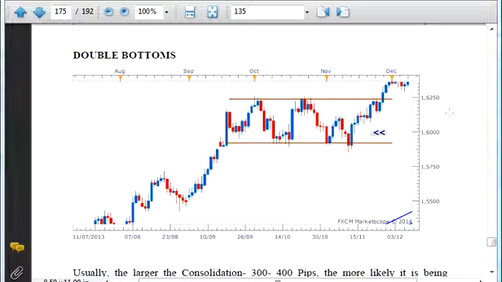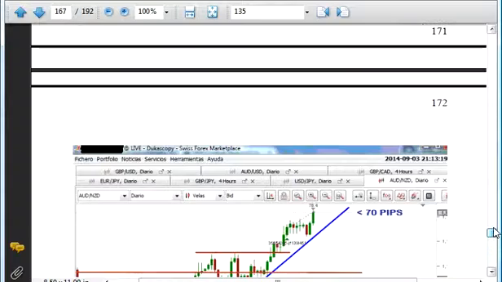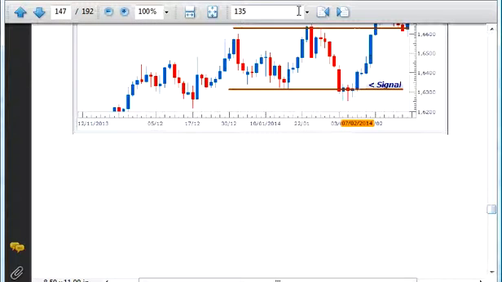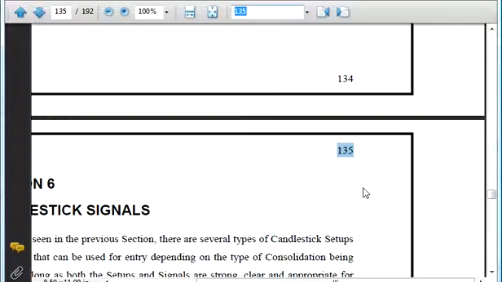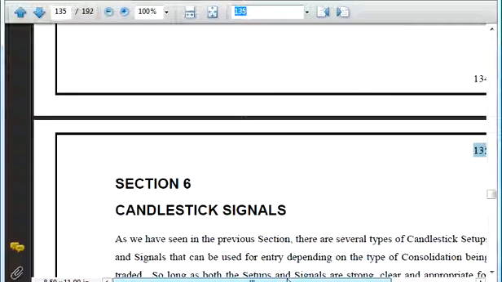And these signals are basically a follow-up from another section of this manual that speaks to the importance of strong setups and strong signals.